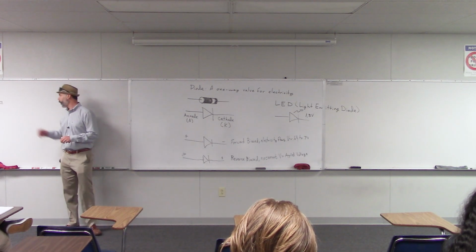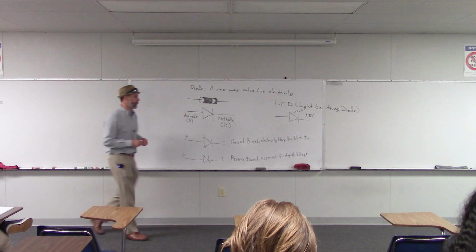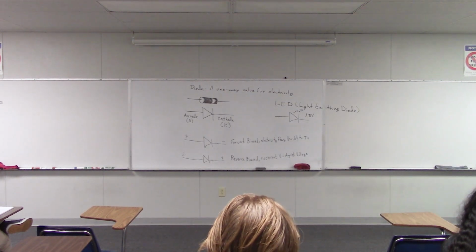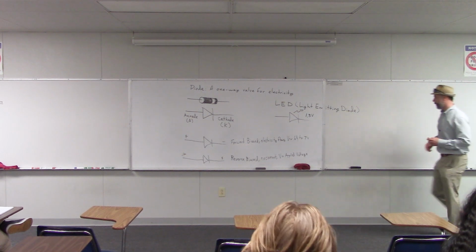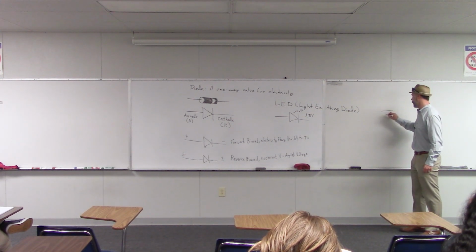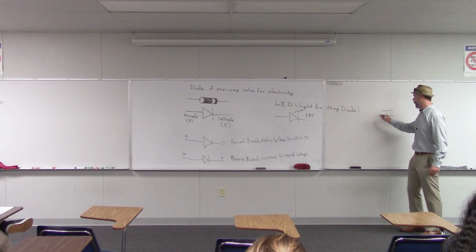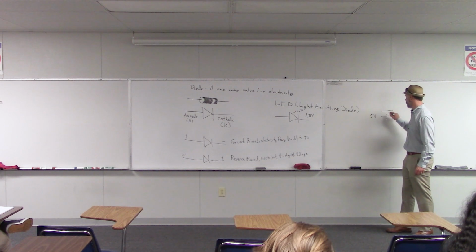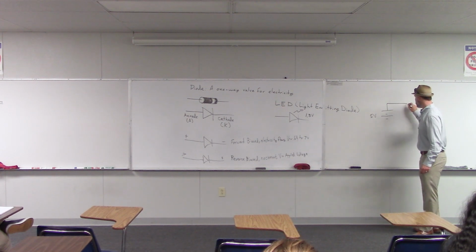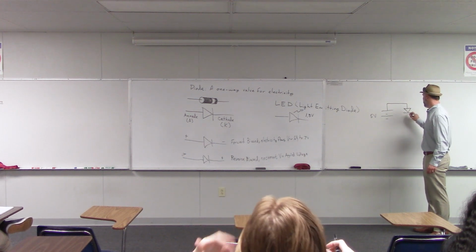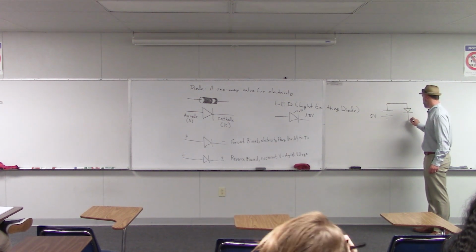So in terms of how they work, I want to show you a couple of example circuits, and we can figure out how to analyze those circuits. Let's say that we had a power supply here, and say this was a 5-volt power supply, and we've got a diode here and a resistor.